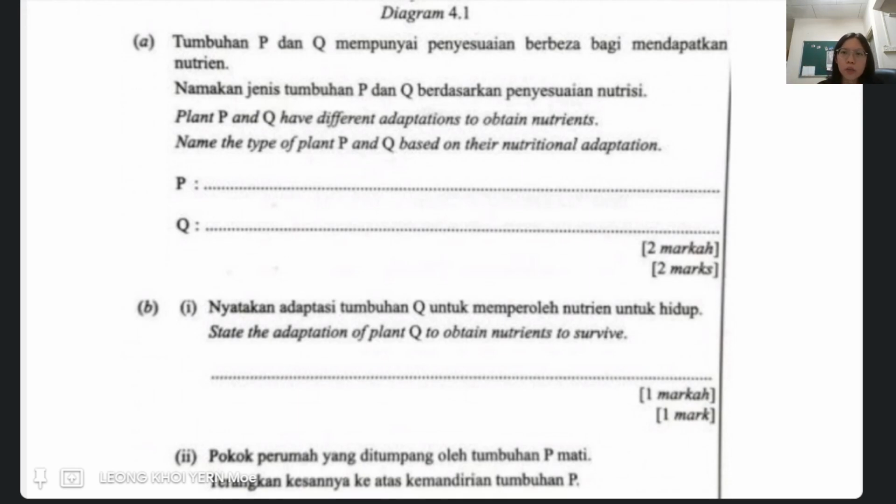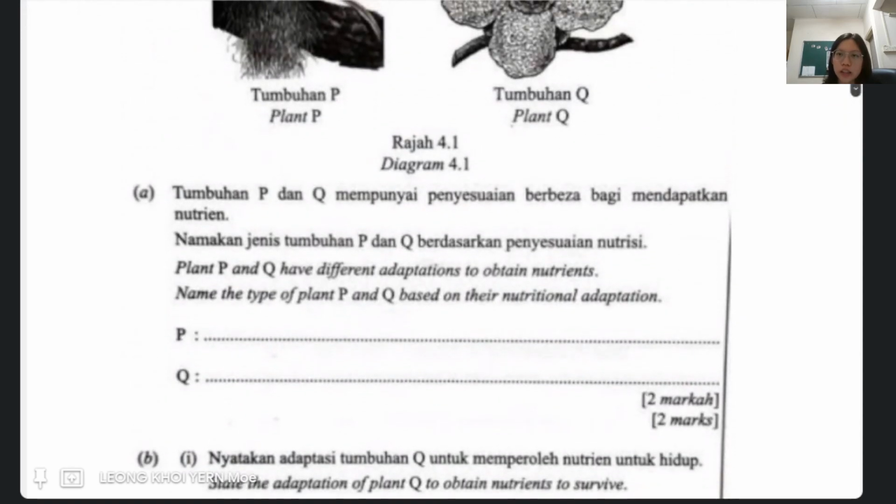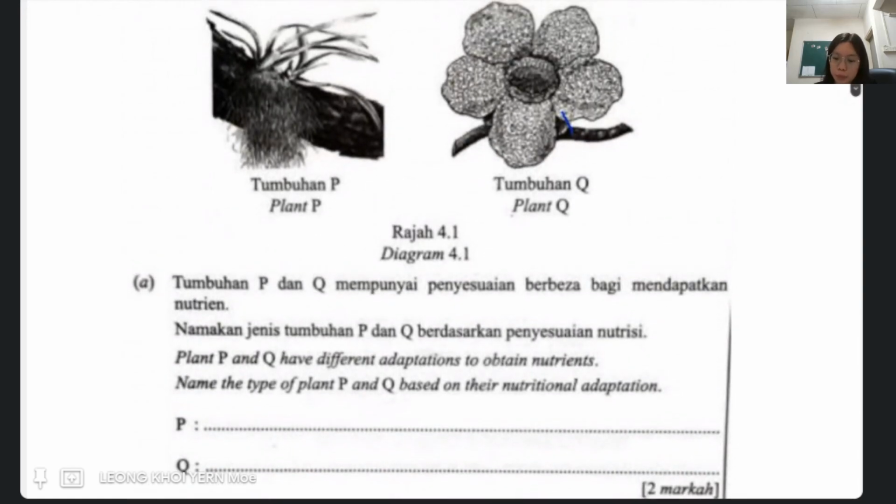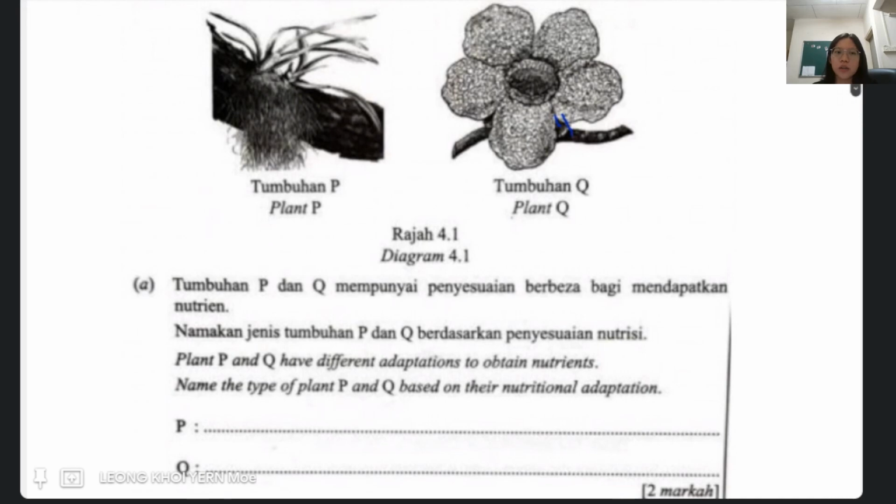So how plant Q actually survives is, they really need a host, honestly. So they have a very special root. You can actually know the specific name, which is haustoria, but if you don't know the name, it's also fine. It will penetrate the vascular tissue of the host.